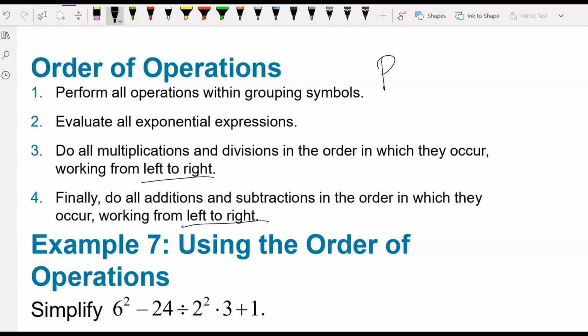Or if you remember, PEMDAS. So these are grouped together and they're from left to right. So parentheses, exponents, multiplication, division, and then addition, subtraction. You go from left to right.